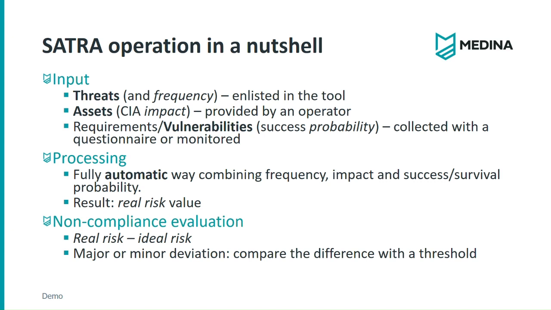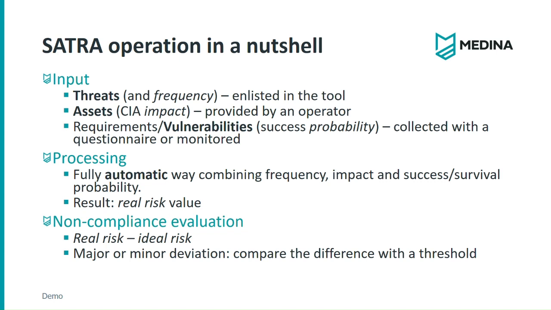Recall that our main goal is not to compute the risk, but to evaluate non-conformity. How is it done? We first compute the ideal risk, so the risk in case all requirements are implemented correctly for this specific service.